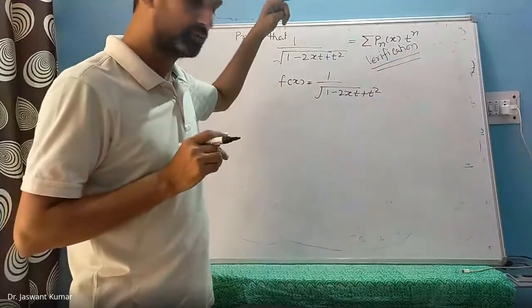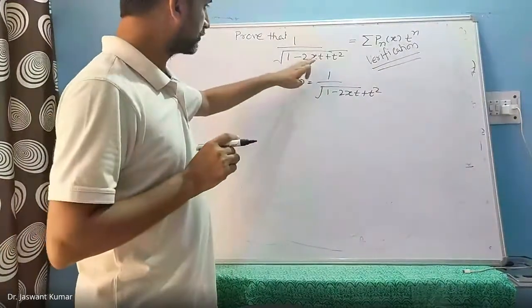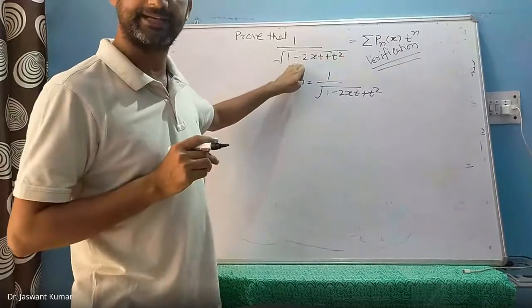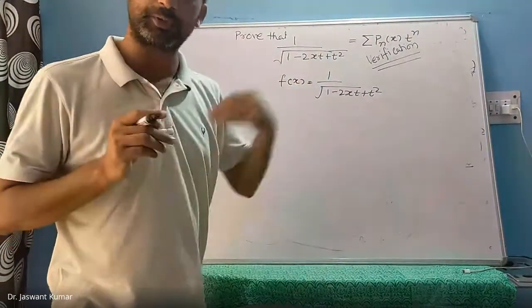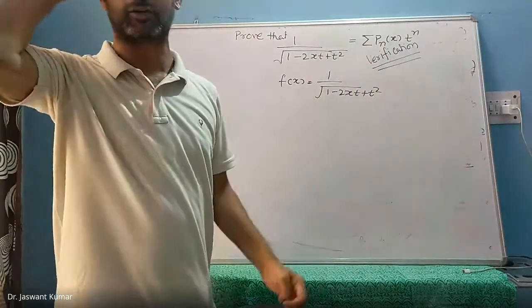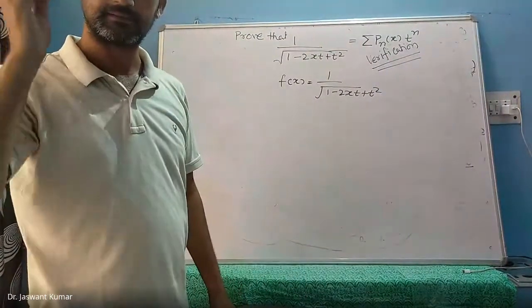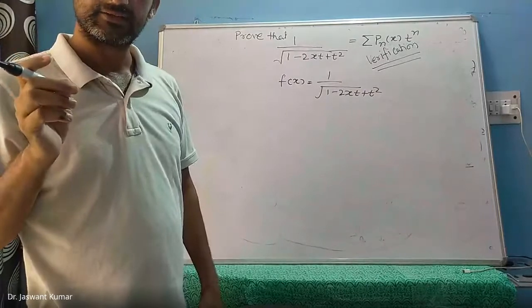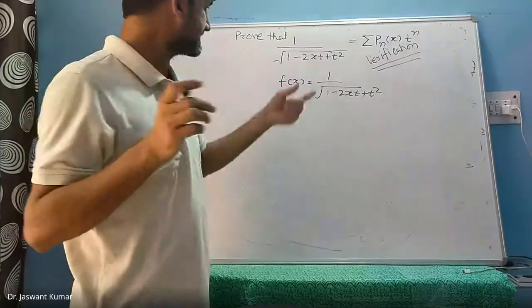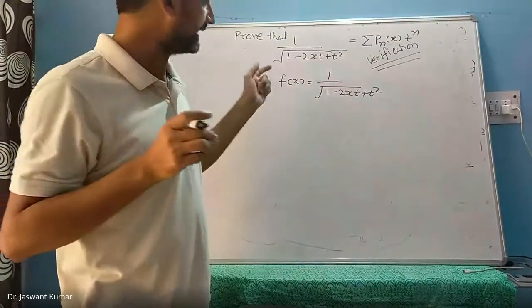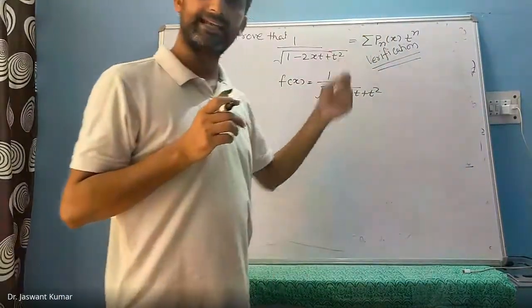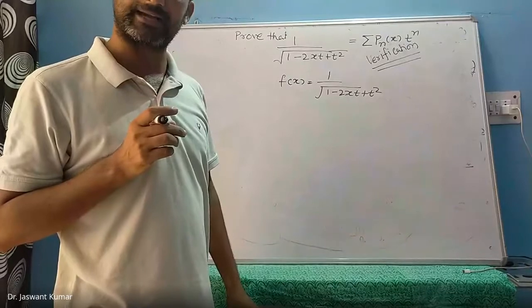What we are going to do instead is assume that this is the generating function, and then prove whether our assumption is correct or not. One way of thinking about this is that you could have taken any other function and written it as the sum of Pn(x) t to the power n.